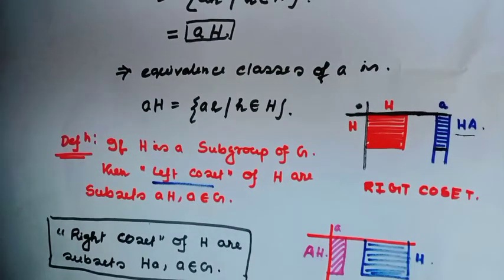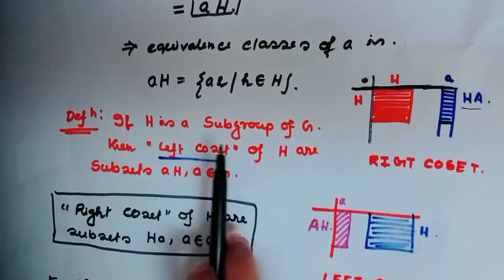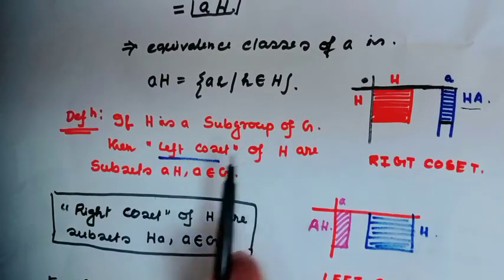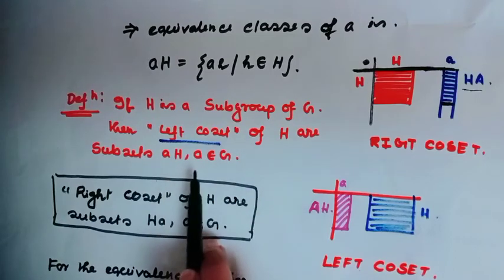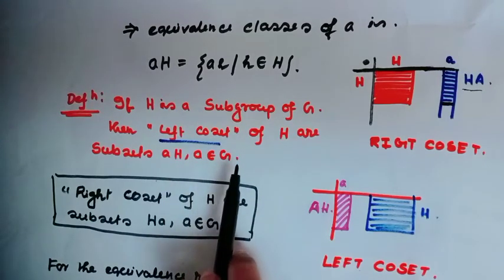And if S is a subgroup of G, then the left cosets of S are the subsets aS, where a is a member of G. Okay?